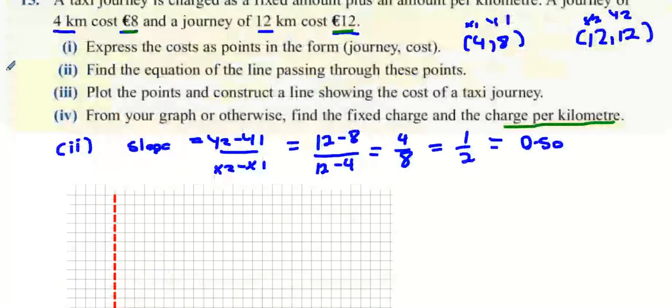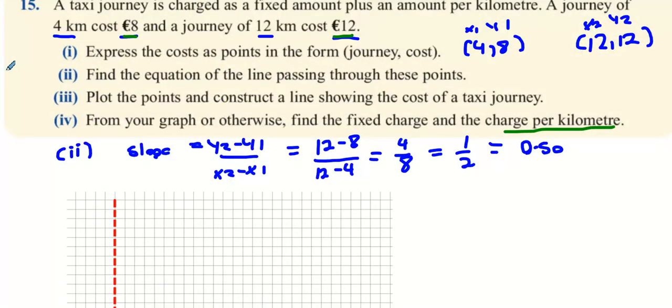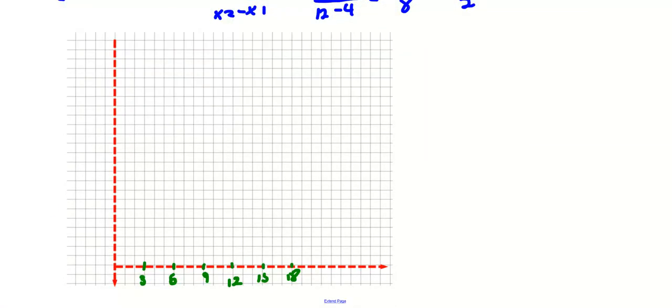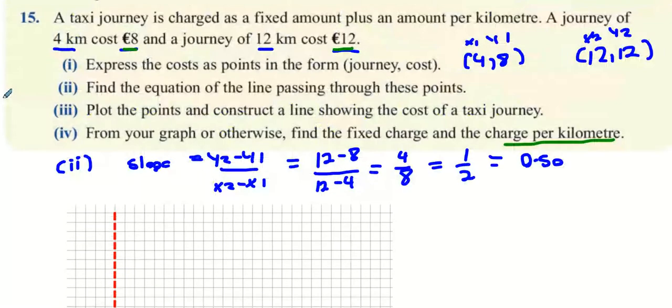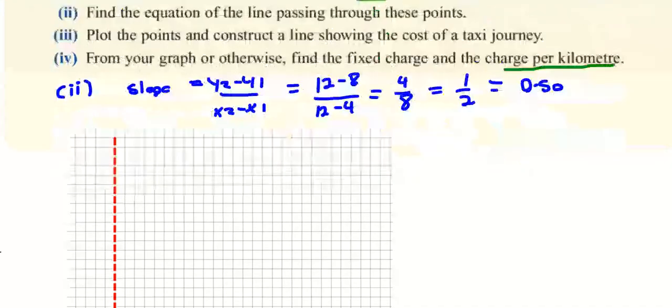So what we're doing there is journey length in kilometers is the x-axis. The reason why I knew it was the x-axis is it tells me here. So that's x and that's y, and the cost has to be the y-axis.